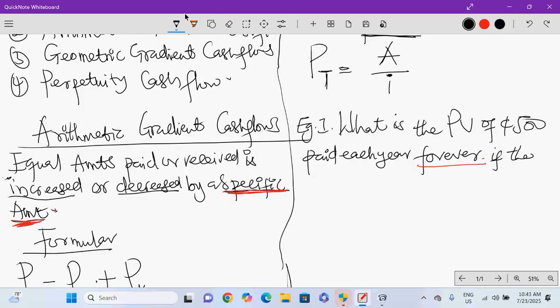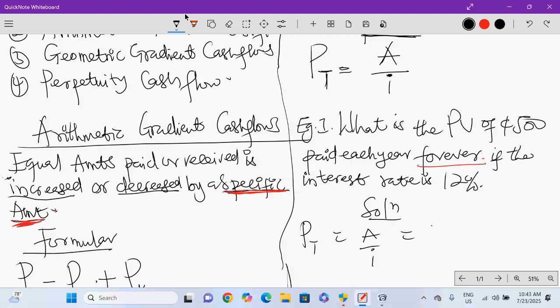If the interest rate is 12%, right? So how do you get the present value of the perpetuity? That is the A over I. What is our A? A is 500 divided by the interest rate of how much? 12%. What do you have?